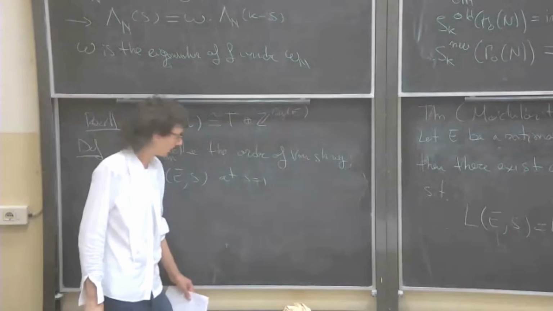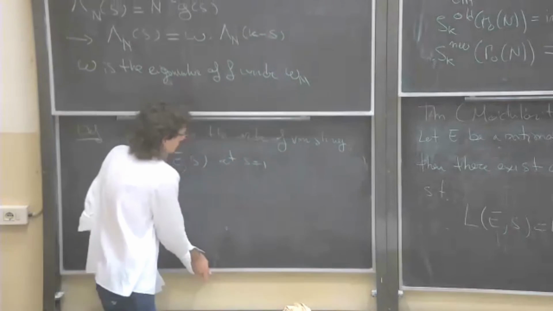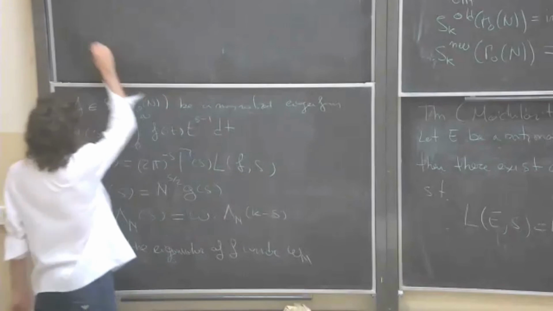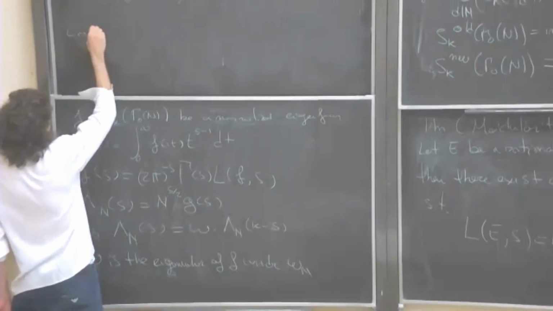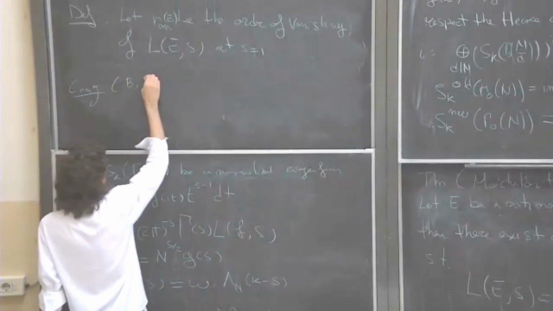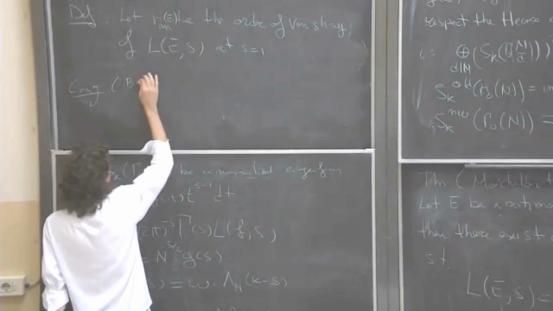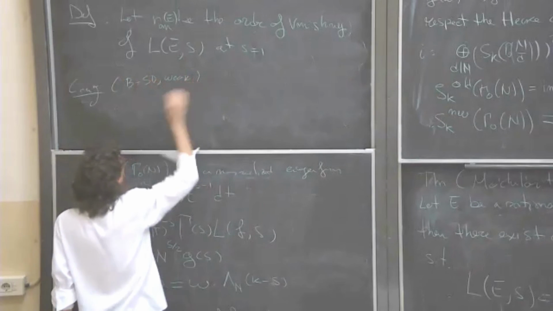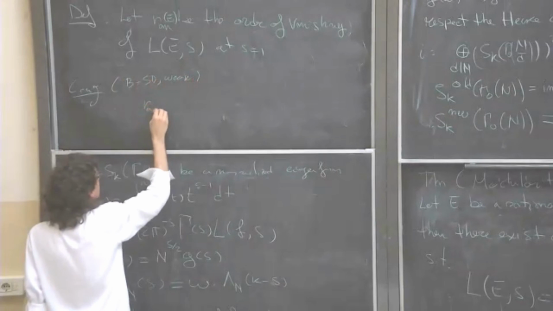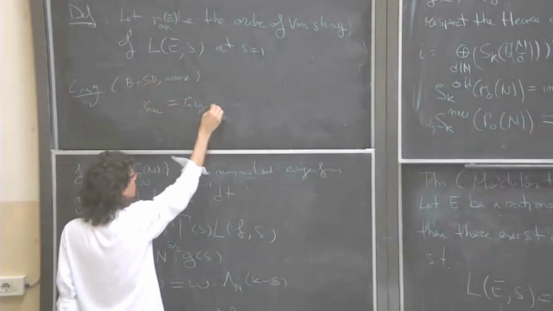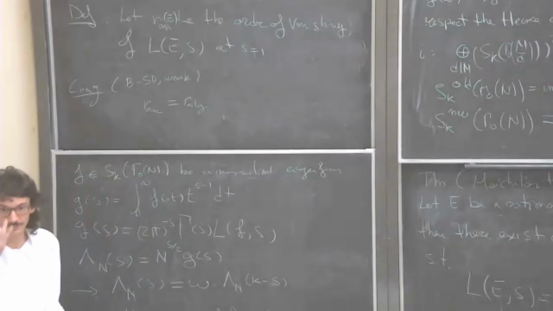So the last thing we want to say is the following. Conjecture, coming from, I believe, the 60s at Cambridge, Birch and Swinnerton-Dyer, in weak form. The analytic rank of the elliptic curve is exactly equal to the algebraic rank, which is still a millennium problem.